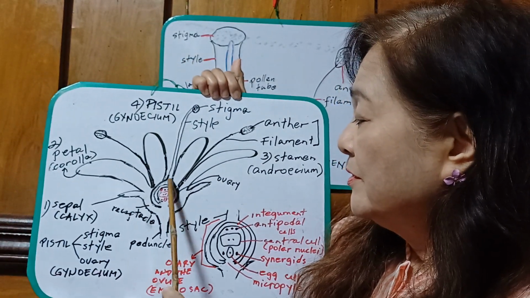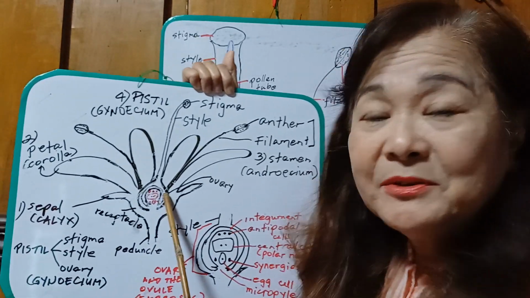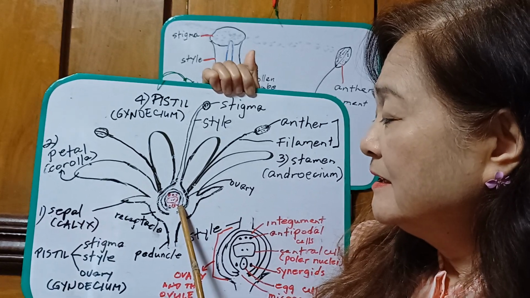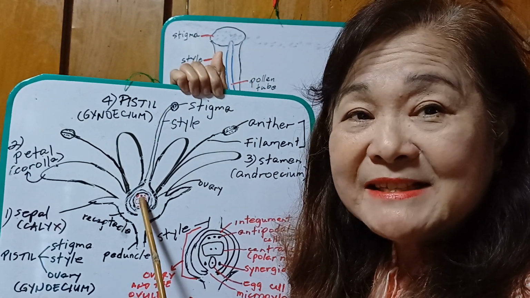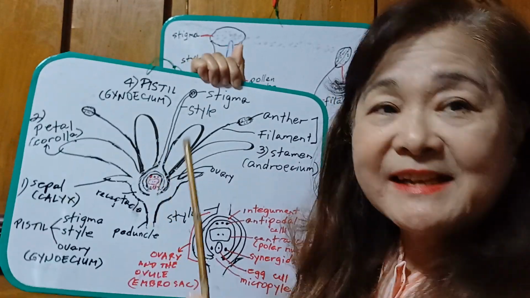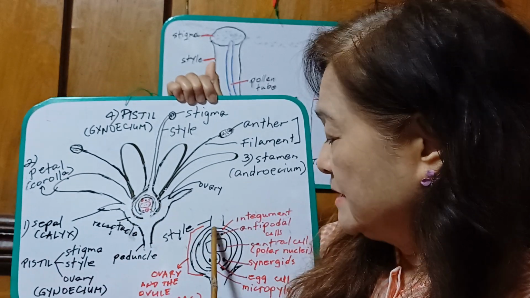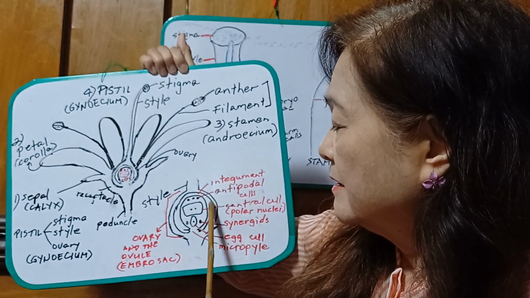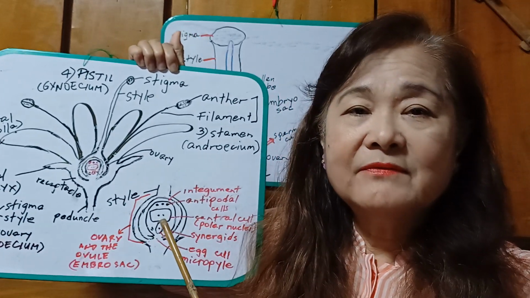Now, the ovule will become the seed, with the zygote or the embryo inside, which came from the fertilized egg cell. And then the ovary as a whole will enlarge very, very much.